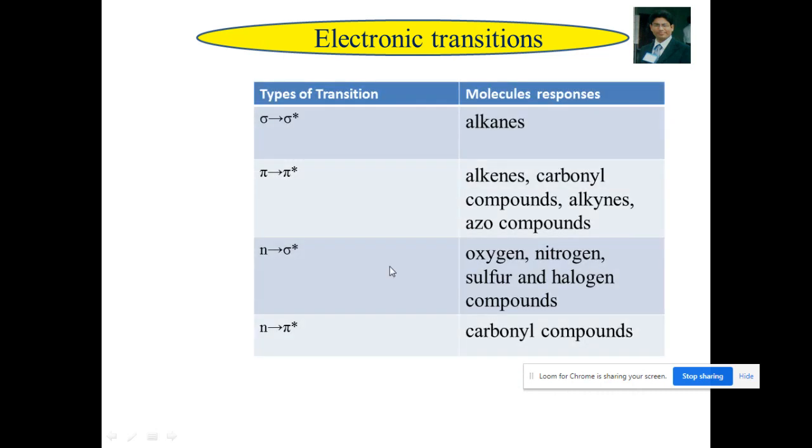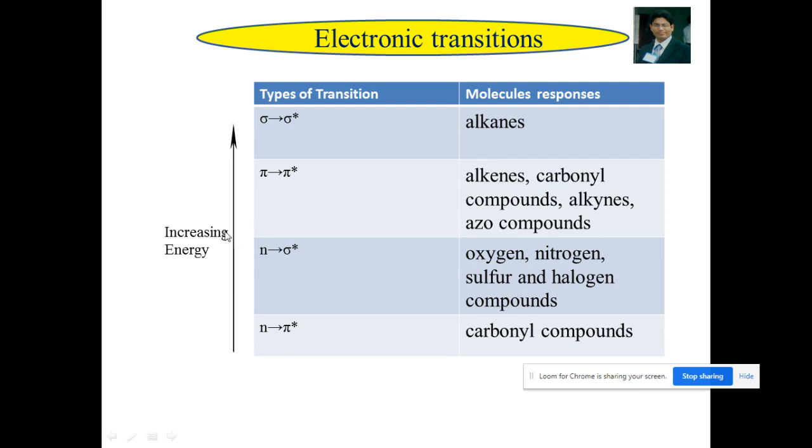Here is a list of electronic transitions, the type of electronic transition, and the molecular responses. Here we are seeing that sigma to sigma star transition occurs for alkanes, pi to pi star for alkenes, carbonyl compounds, alkynes, azo compounds, etc. For n to sigma star transition, oxygen, nitrogen, sulfur, and halogen compounds, and n to pi star transition for carbonyl compounds.